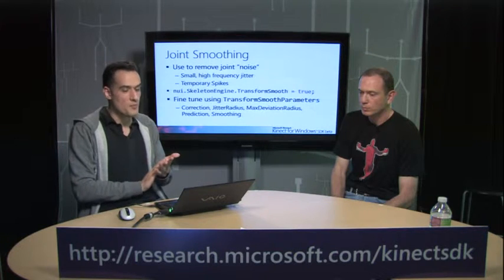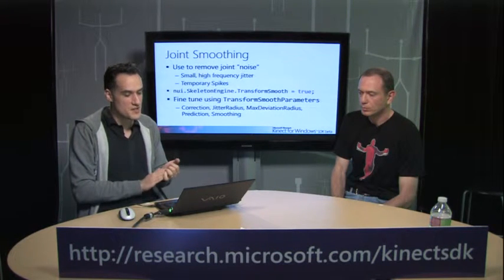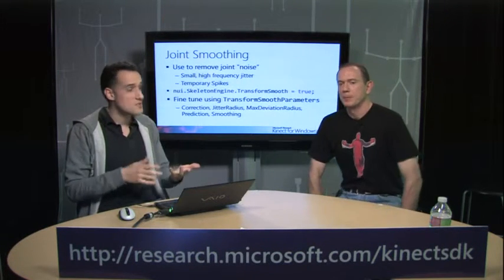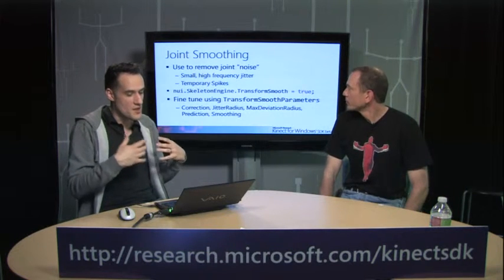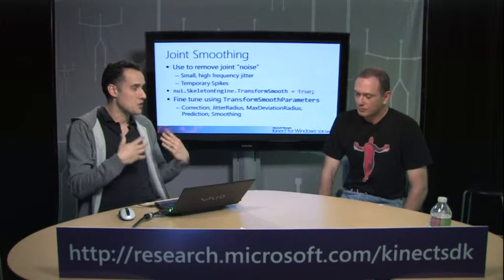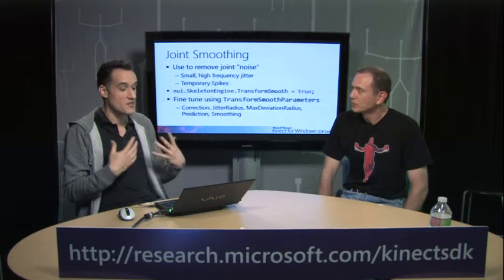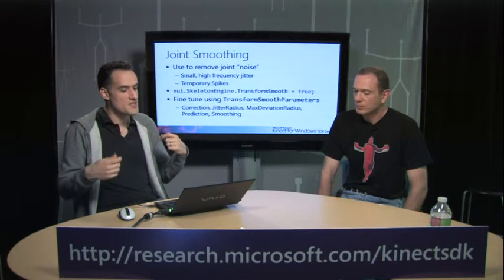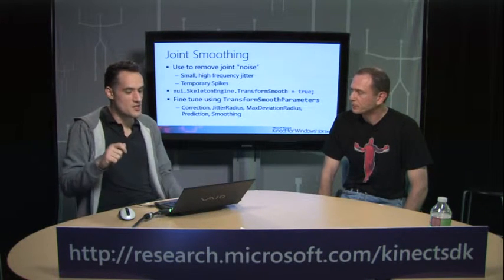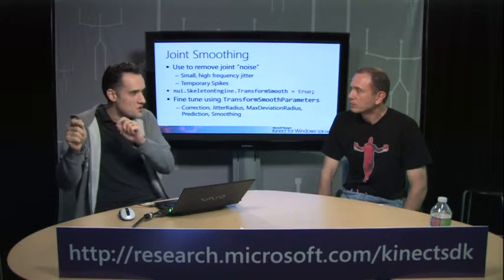Now, one important point, and we're going to show this in a demo, is you can use joint smoothing. This is built in. This is probably one of the key things that developers are going to want to do when they first do skeletal tracking. It's very easy, but sometimes the joints have noise. What I call noise is, if you're getting say 30 frames per second of a skeleton, that skeleton could be moving and one of those points could be a little off.